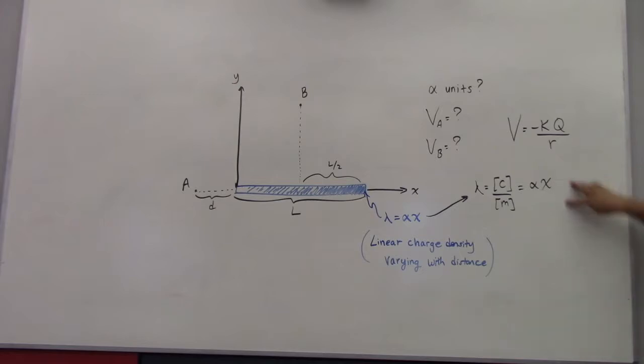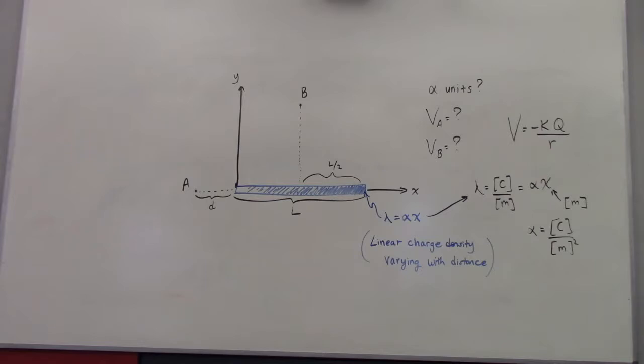So I just divide that underneath to solve for alpha and look at its units. Alpha's units are going to be coulombs per meter squared. Pretty straightforward, right? That's the units of alpha.